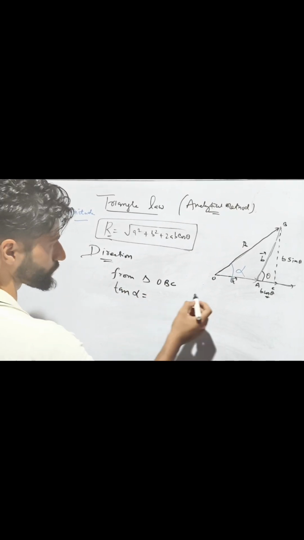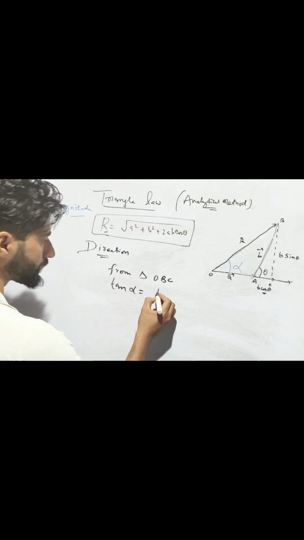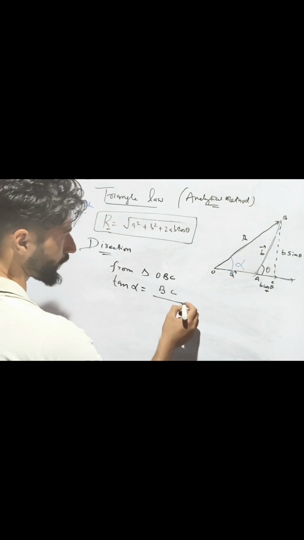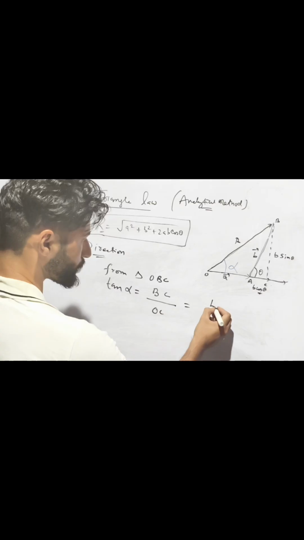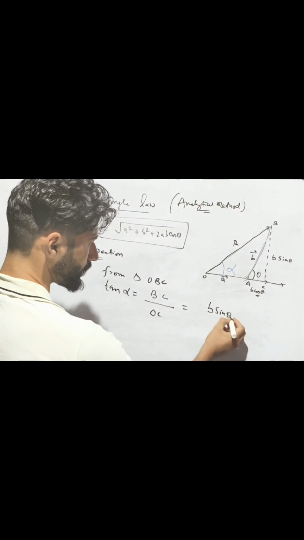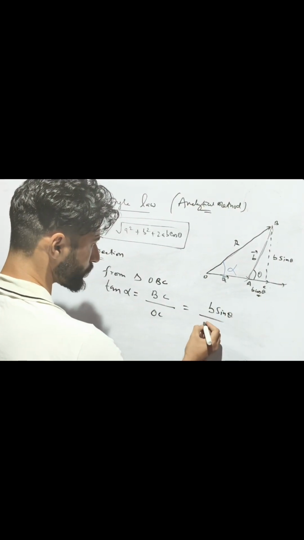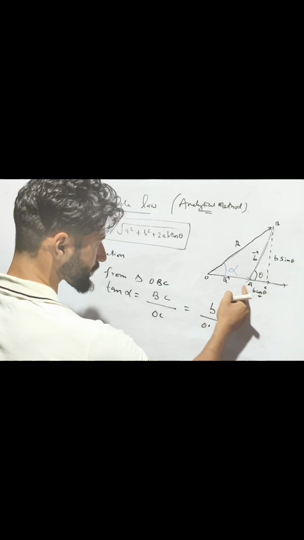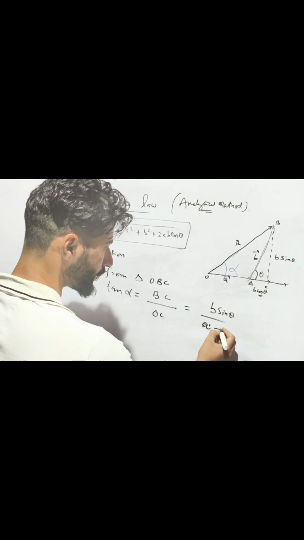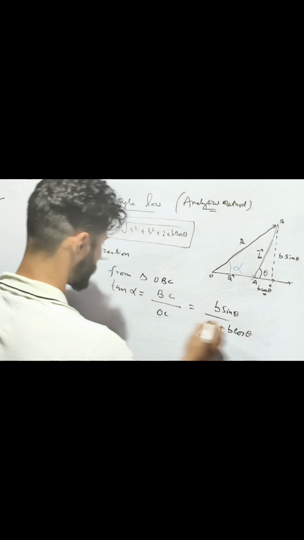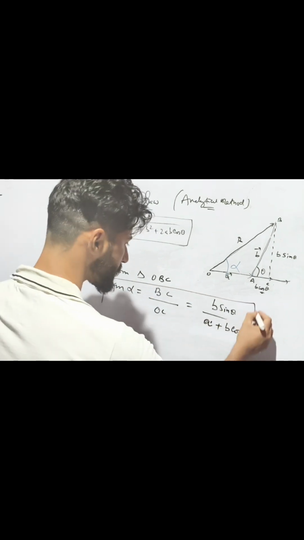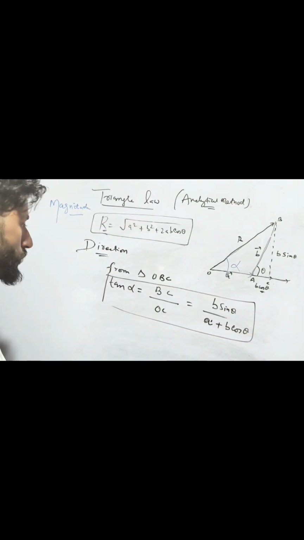Tan alpha will be equal to BC divided by OC. Since BC is equal to B sine theta and OC is OA plus AC, where OA is A and AC is B cos theta, tan alpha will be equal to B sine theta divided by A plus B cos theta.